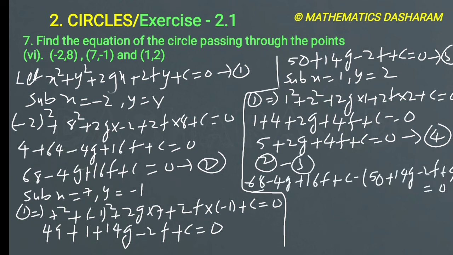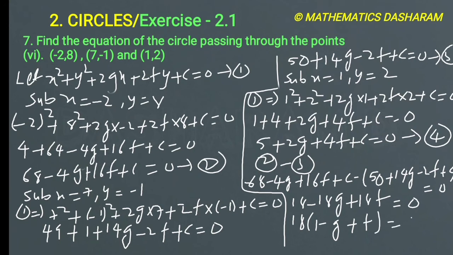So 68 minus 50 is 18. Next minus 4g minus 14g is minus 18g. Next 16f, here minus minus plus 2f, so 16f plus 2f is 18f, and c minus c cancel, so it equals to 0. Take the 18 common, so 1 minus g plus f equals to 0.